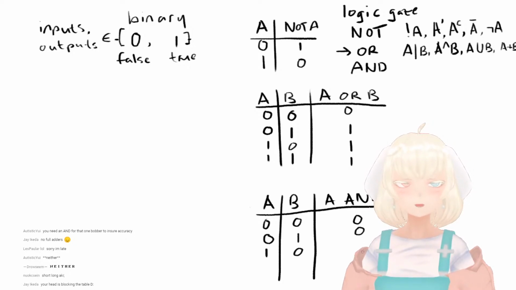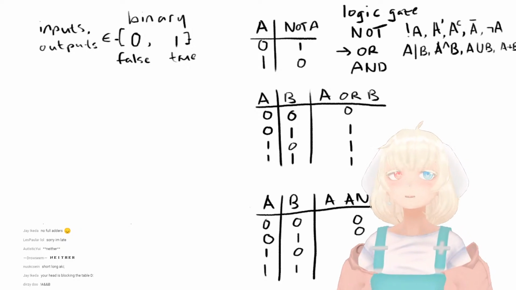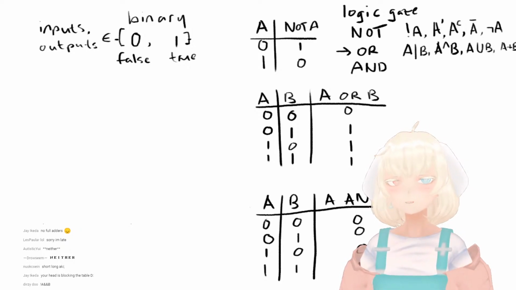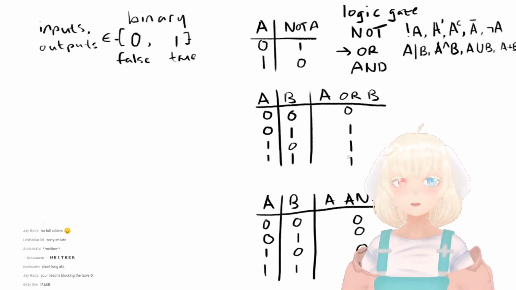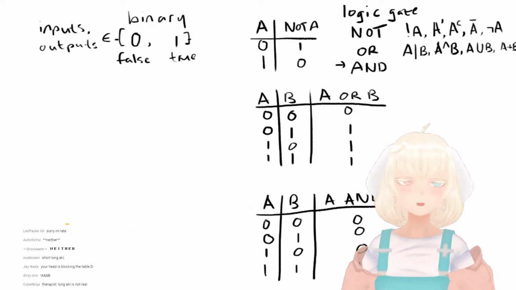And same goes the other way around. But the only time that A and B is true as a sentence is when A is true and B is true at the same time. And since OR was sort of addition, we can liken this to multiplication. You can see like 0 times anything is 0. 0 times 1 is 0. And 1 times anything is that number, which is 1.